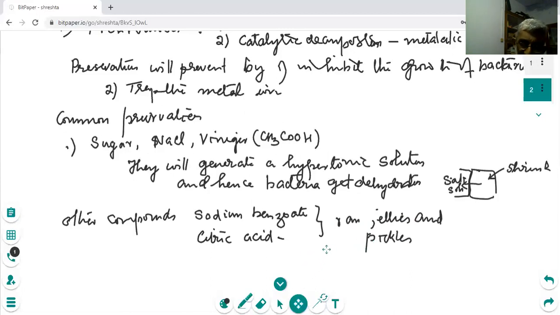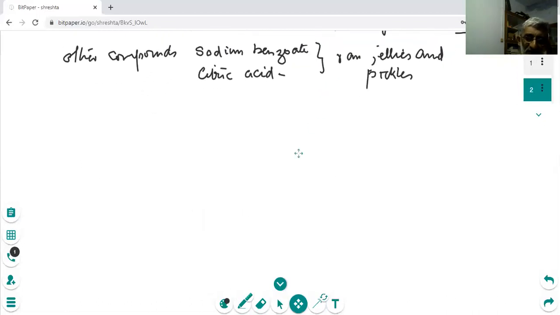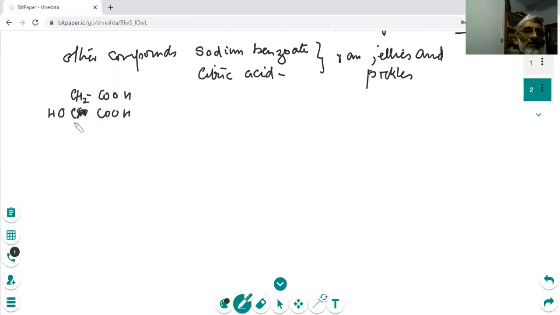Now, citric acid, how does it work? Citric acid has a property of sequestering. What is the structure of citric acid? CH2COOH, CHCOOH, CH2COOH. This is the structure of citric acid. You can see here, there are 6 oxygen atoms with lone pairs of electrons.